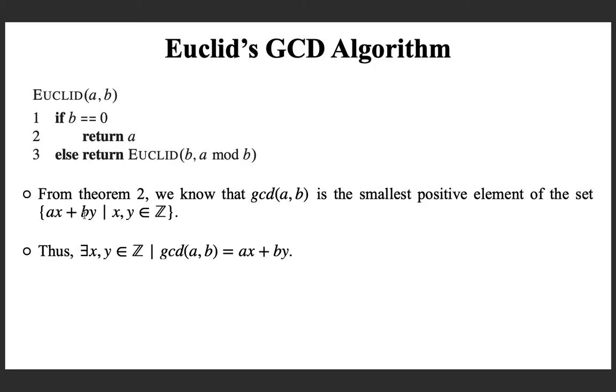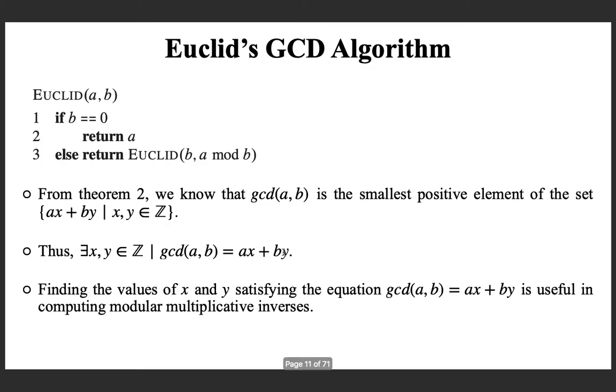So, for any integers A and B, there exist two other integers x and y such that the GCD of A and B is ax plus by. This is what theorem 2 tells us.